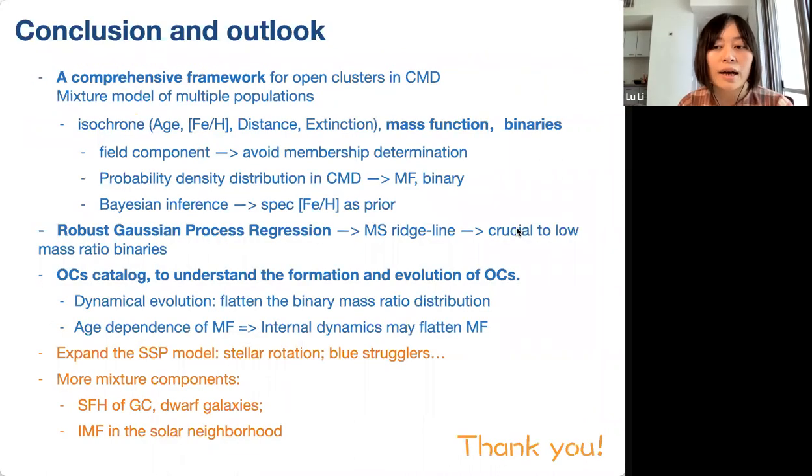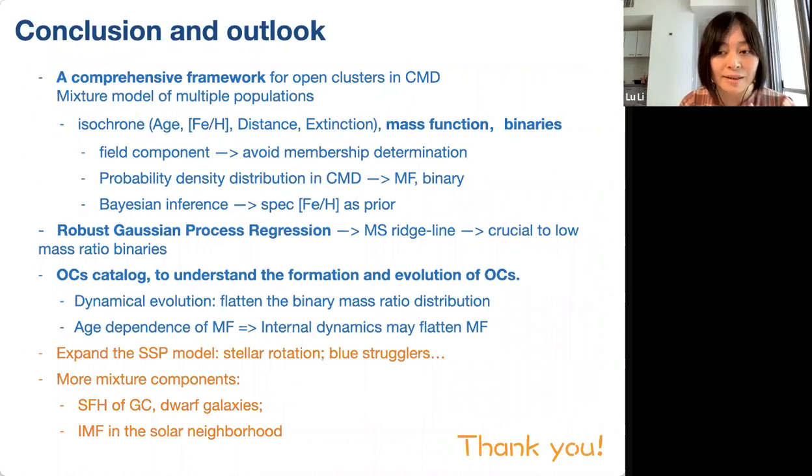In conclusion, I established a comprehensive framework for open clusters in the CMD. The mixture model can contain multiple components together, like single stars, binaries, and field stars. And we can not only fit the isochrone, but also measure the mass function and the binary properties.